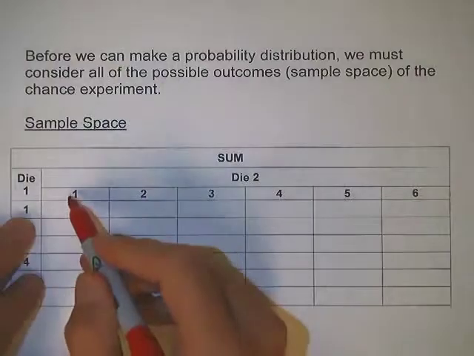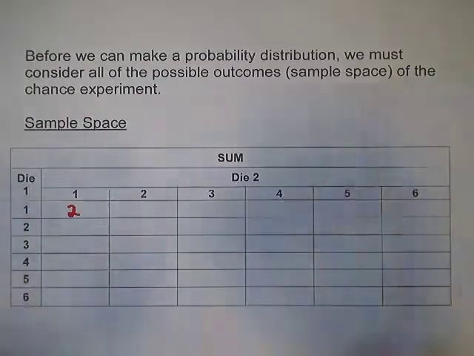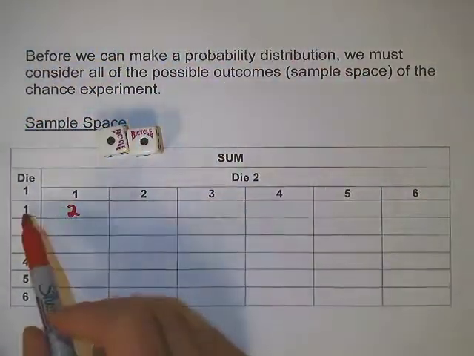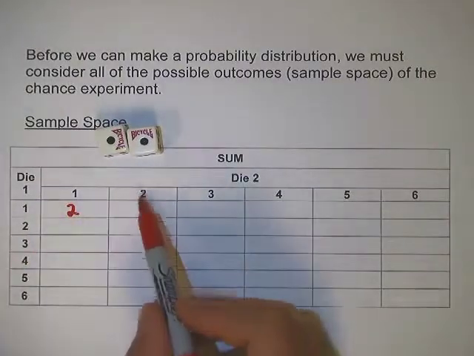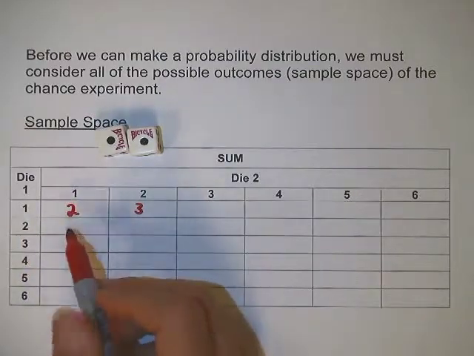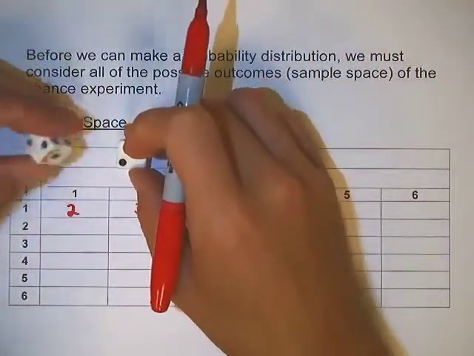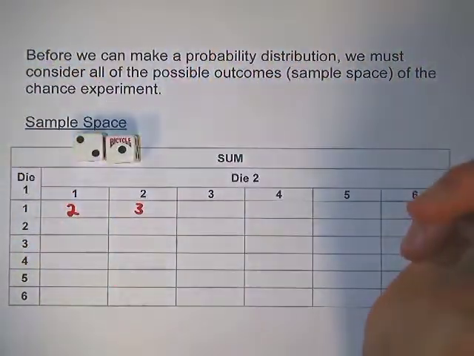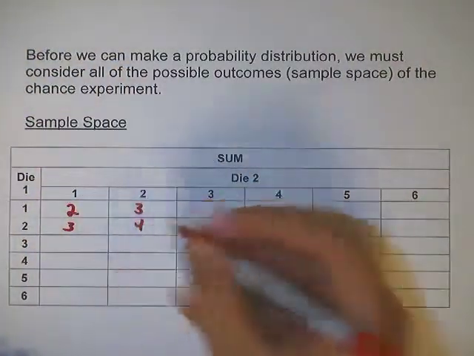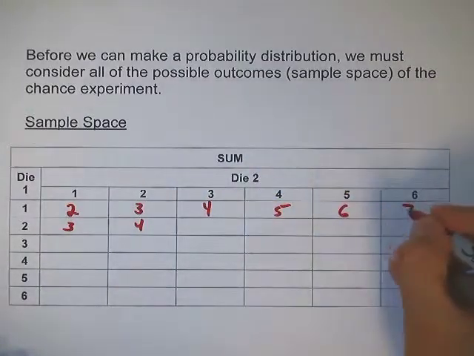If I'm talking about this outcome here, that's a 1 and a 1, and in the boxes I'm going to write down the sum. 1 and 1 has a sum of 2. Now 1 and 2 would have a sum of 3. That's going to be a different outcome than 2 and 1, because 1 and 2 here is different than 2 and 1 here. Those are two separate outcomes. So we put a 3 here. 2 and 2 is 4 there. And then I'm just going to go through and fill out the rest of the table here.